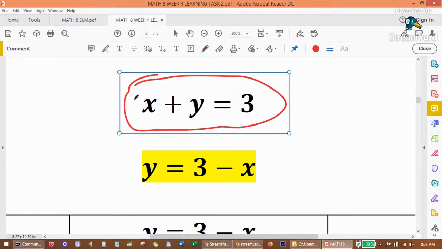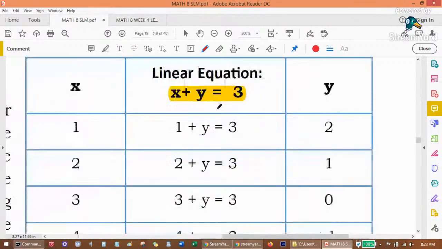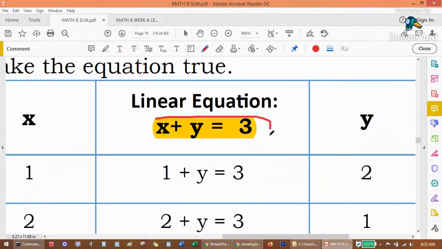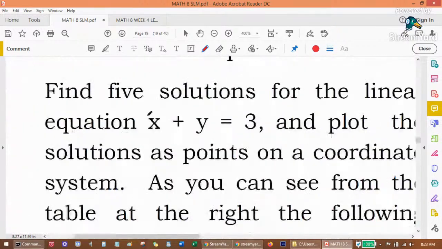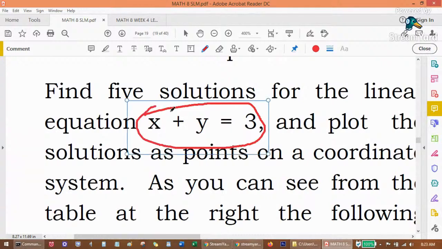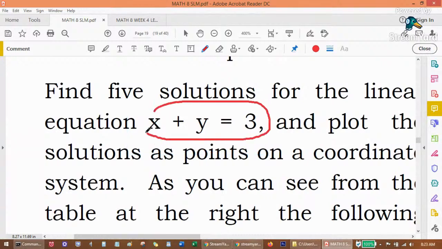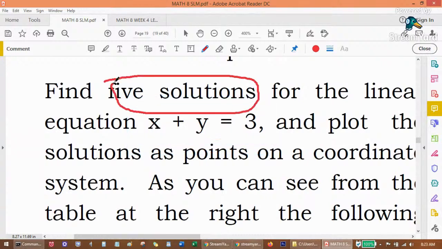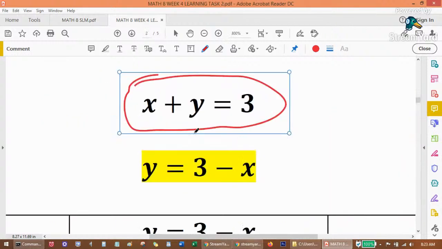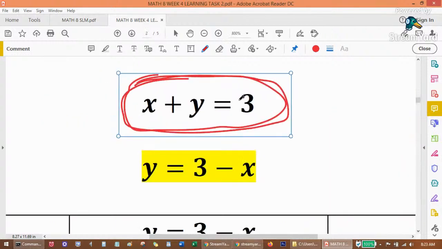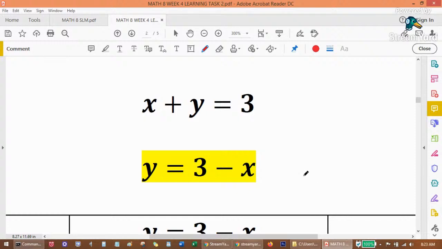Kinopya ko lang dito. Ito yung equation na pinapahanap sa atin ang 5 solutions. So, para medyo madali, equate natin to y.